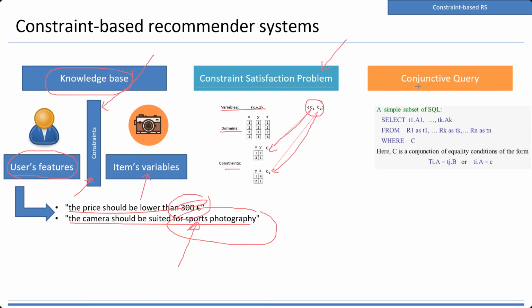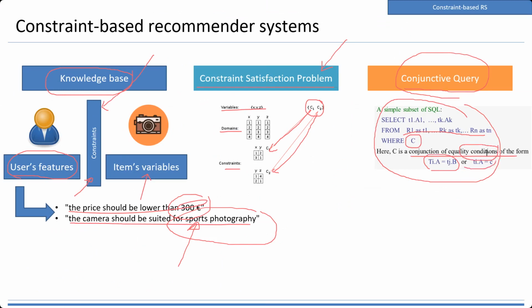The other kind of recommender system we call conjunctive query. For the conjunctive query, we can use some SQL to check whether the requirement can be satisfied with the information in the database. So we have C. C is the conjunction of equality conditions. This is a condition, and the condition you can define.